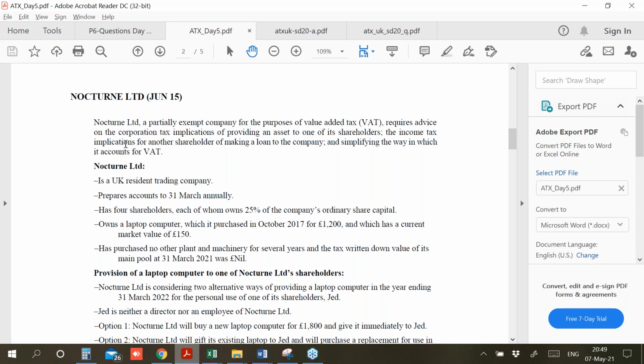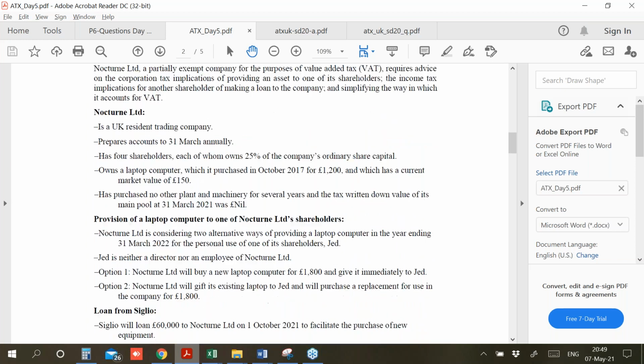That's fine. Provision of a computer to one of Nocturne Limited's shareholders: Nocturne Limited is considering 2 alternative ways of providing a computer in this year to one of its shareholders, Jed. Jed is neither a director nor an employee of Nocturne Limited.